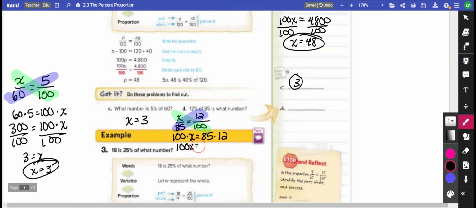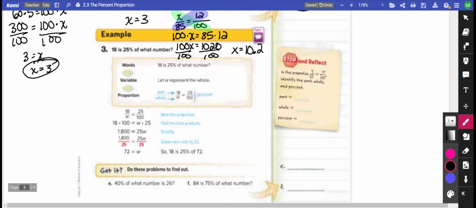The left side becomes 100x. 85 times 12 is 1020. Divide both sides by 100, and I get the answer of x equals 10.2. I mean 10.2.